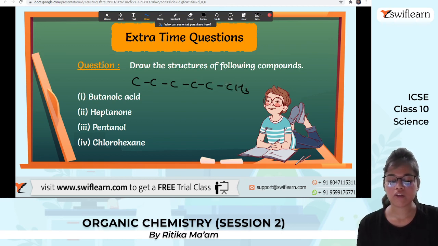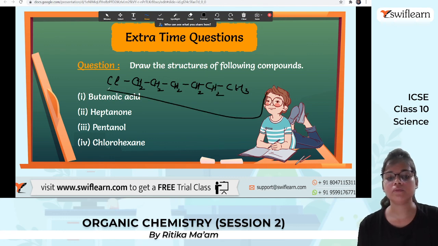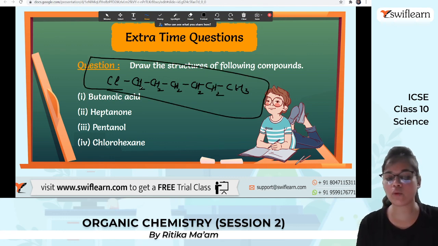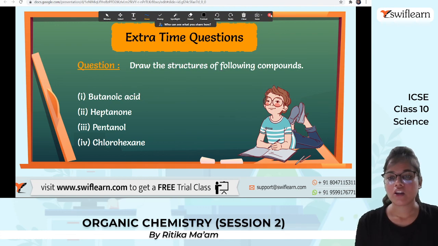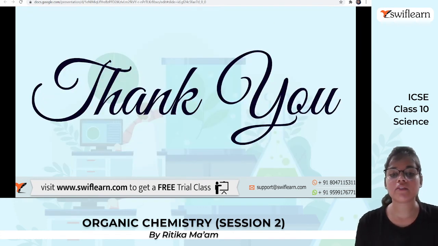Fulfill the valency here and add chlorine to the first carbon. So I will be adding Cl here. Here it will be CH2, and all the carbon atoms will get 2 hydrogen atoms to fulfill their need of valency. Alright, so these are the things that we have covered today.